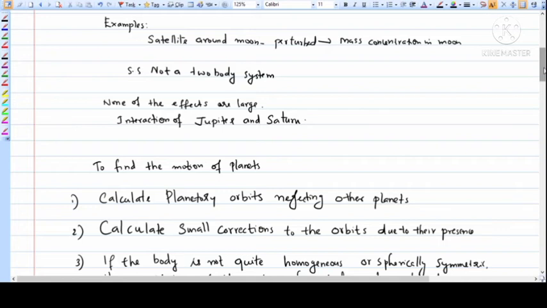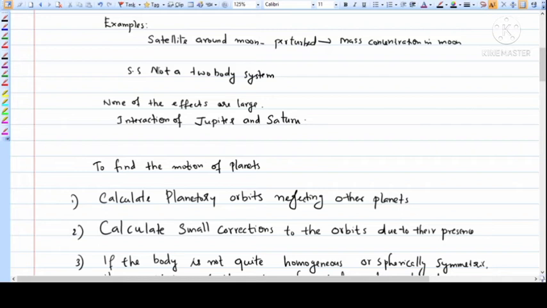We can consider satellites around the moon, and the path of the satellite is perturbed due to the mass concentrations in the moon. We know that there are a lot of mass concentrations in the moon, so these will perturb the satellite.